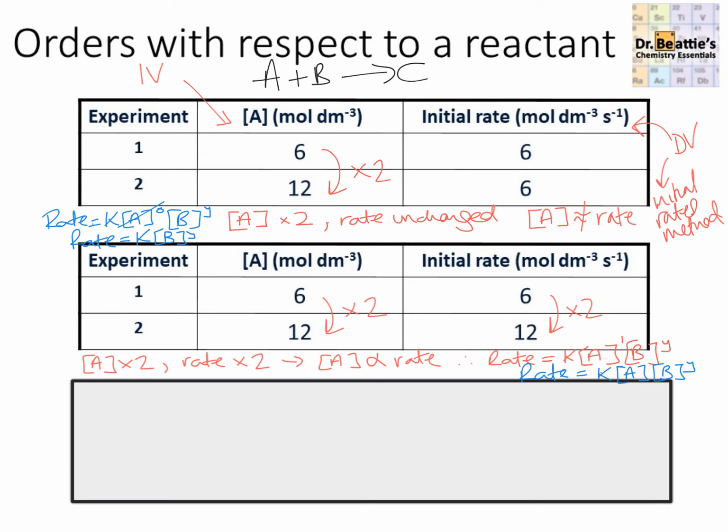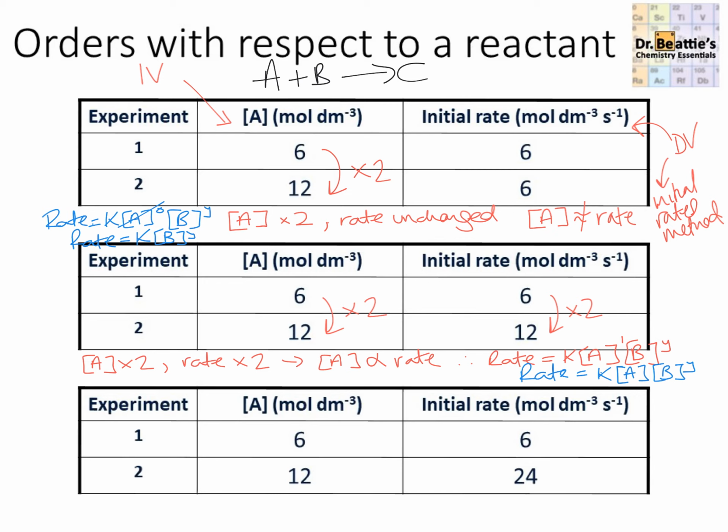And in our final set of data, we're going to imagine we're dealing with A plus B, where A is in this situation second order. If we look at this data, you can see that as we have doubled the amount of A, the initial rate has quadrupled, times by 4.